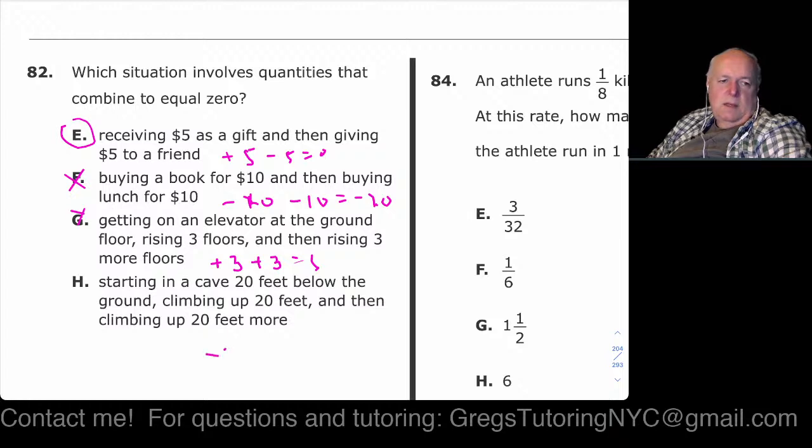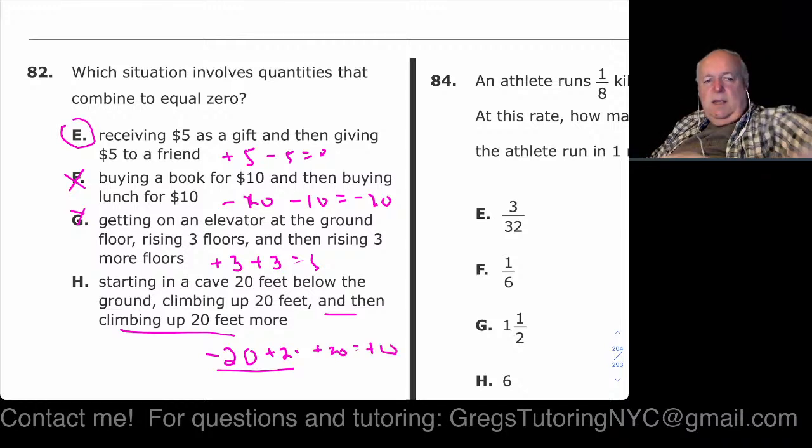You climb up 20 feet. So by the way, we are at 0 here, but then it says you climb up 20 more. So plus 20. So the only one that makes sense here is E.